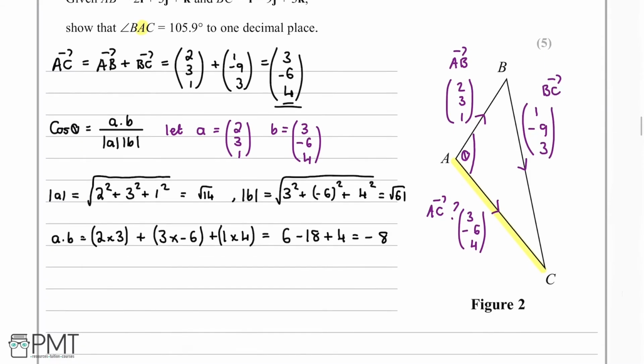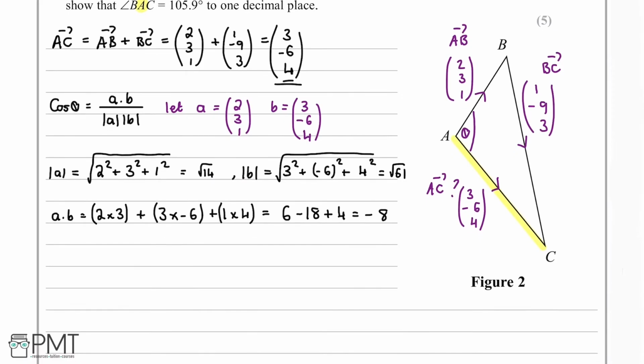So now we have all the values that we need, so we can make use of our formula. Just for completeness, I'm going to highlight all the values we're going to use: -8, the dot product of A and B, and the magnitude of A and the magnitude of B.